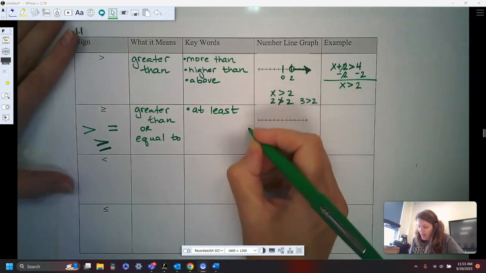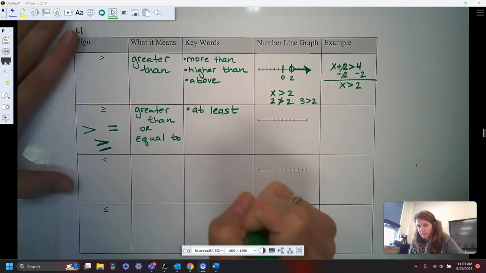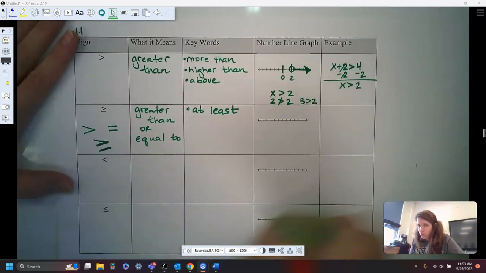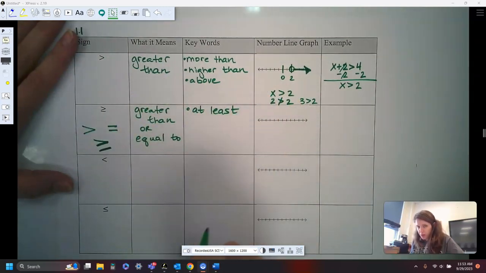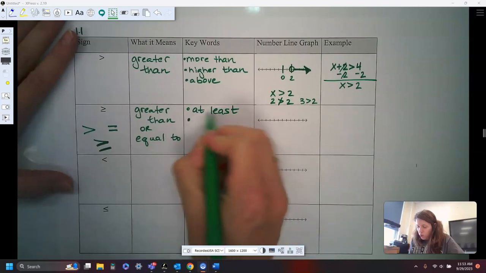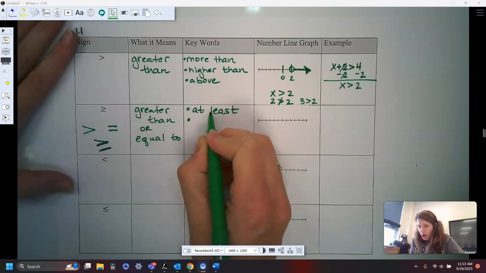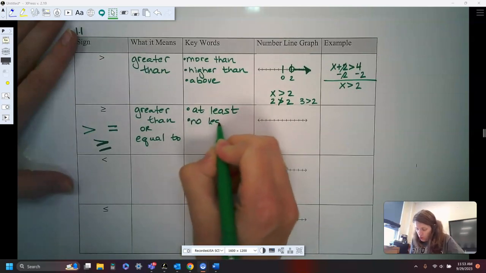So if I'm saying I need at least 2 people to help me move this desk, I could have 2, I could have 3, but I can't have 1, right? I need at least 2, so I need greater than or equal to 2 people. So the word here, least, sounds like it's talking about less, but it's actually talking about no less than, right? And so that's another one that you will hear is no less than.